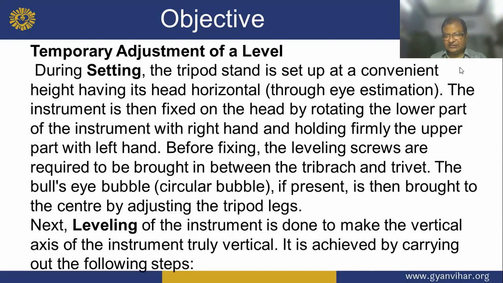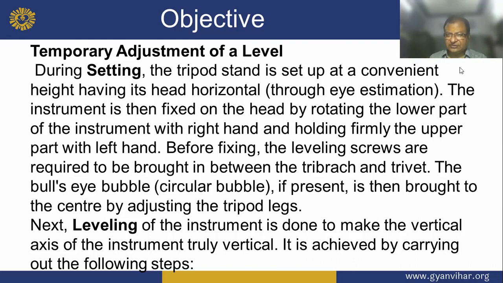During setting, the tripod stand is set up at a convenient height, having its head horizontal through eye estimation. The instrument is then fixed on the head by rotating the lower part of the instrument with the right hand and holding firmly the upper part with the left hand.